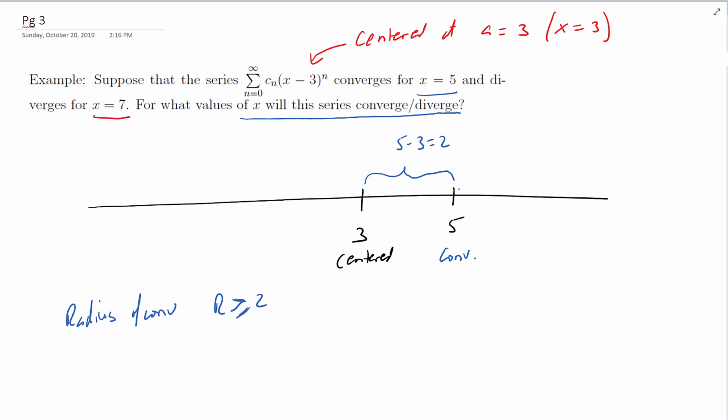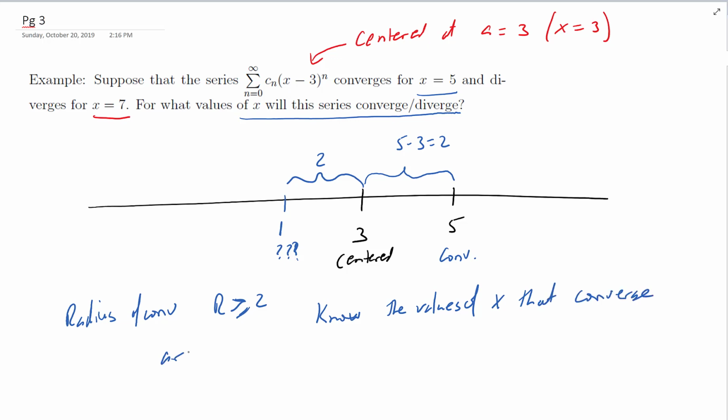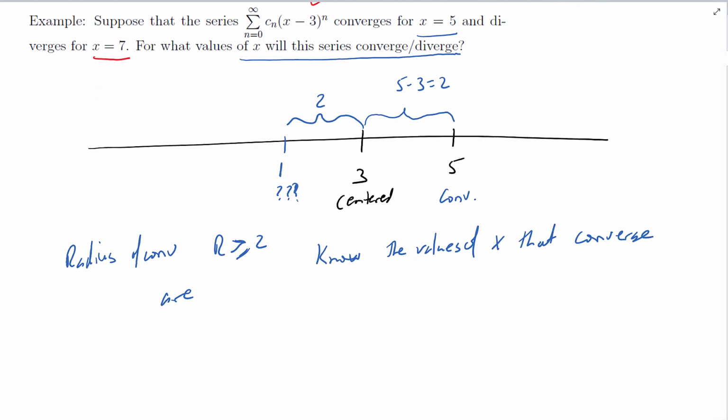So since this distance is 2, I can come off the other direction a distance of 2, which gives me a 1 here. Now at this point, I don't know anything about x equals 1 because that is a possible endpoint of that length. And so right now I know the values of x that converge are, well, 1 less than x less than or equal to 5.